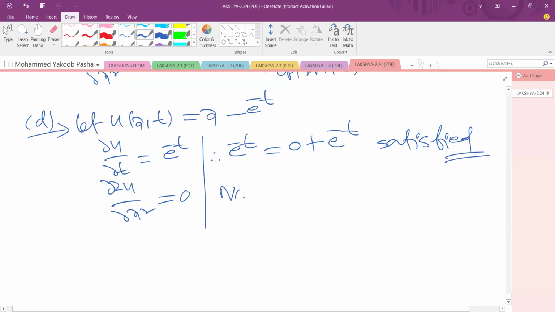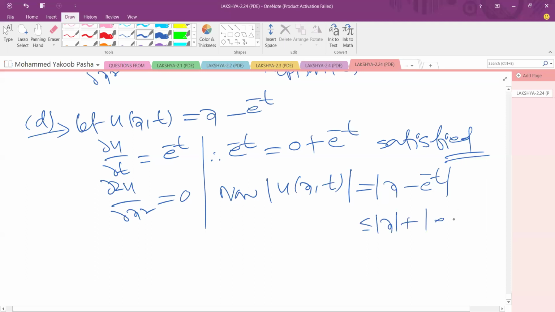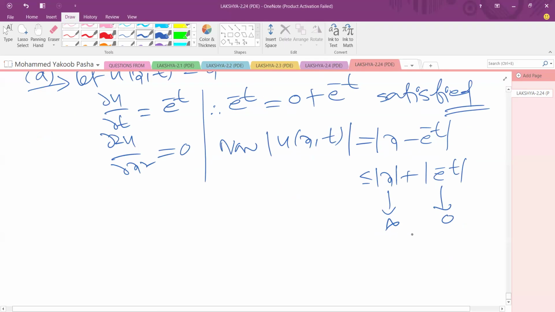Now you can calculate modulus of u of x comma t, that is equal to modulus of x minus e power minus t. This is less than or equal to mod x plus modulus of e power minus t. This tends to infinity, and this tends to 0 as t tends to infinity.